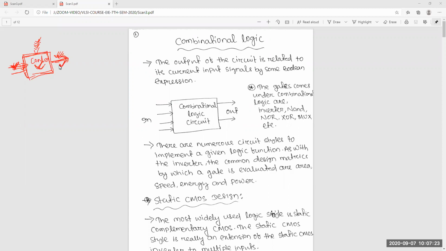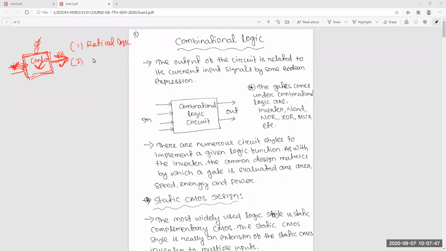Okay. There are different circuit styles to make a combinational cell. One is ratioed logic.